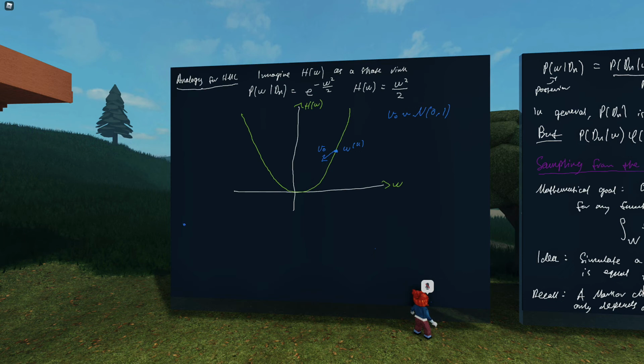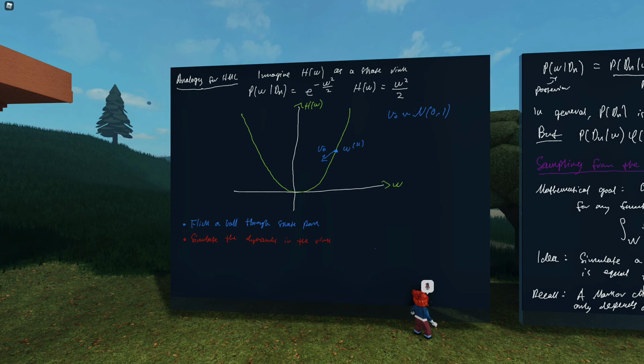So we flick a ball with that initial velocity, and then we simulate the dynamics in the rink until some stopping time.